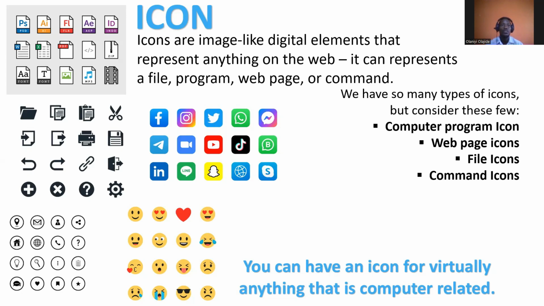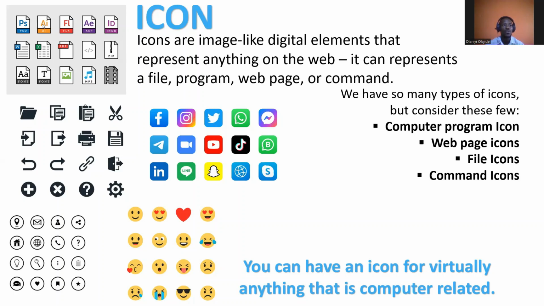What I mean is that, for example, if you go to the word processing program, Microsoft Word, and you create a document in the program, and then you save the document, automatically that file you save generates an icon, right? So you can see here on my top left corner, you see different file icons.